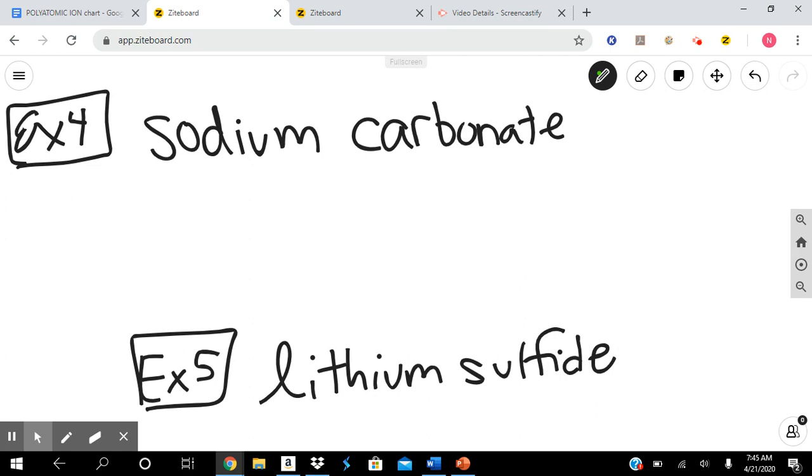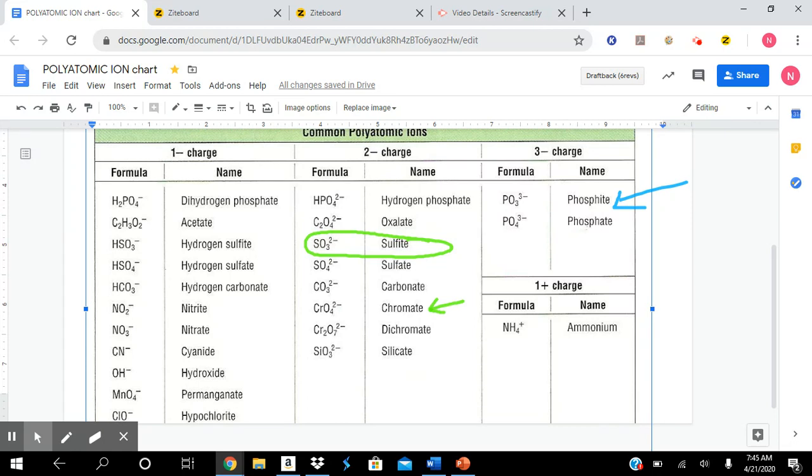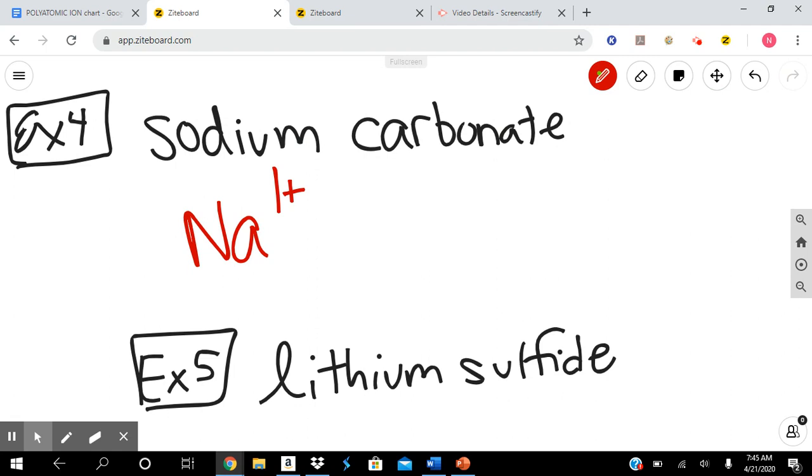Okay, we're back. Hopefully you paused it, and here we go. Sodium is Na. Remember, it comes from natrium. It's in group 1, so it's 1 plus. Carbonate. Some of these you're going to see over and over again. Carbonate is right here, CO3 2 minus.